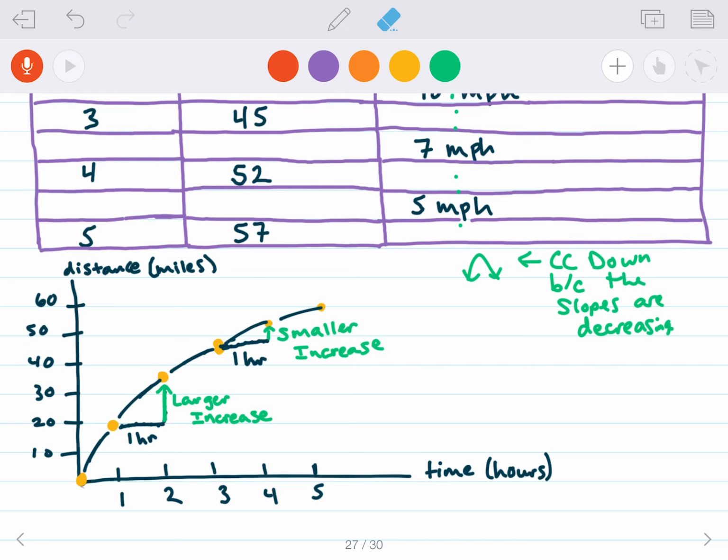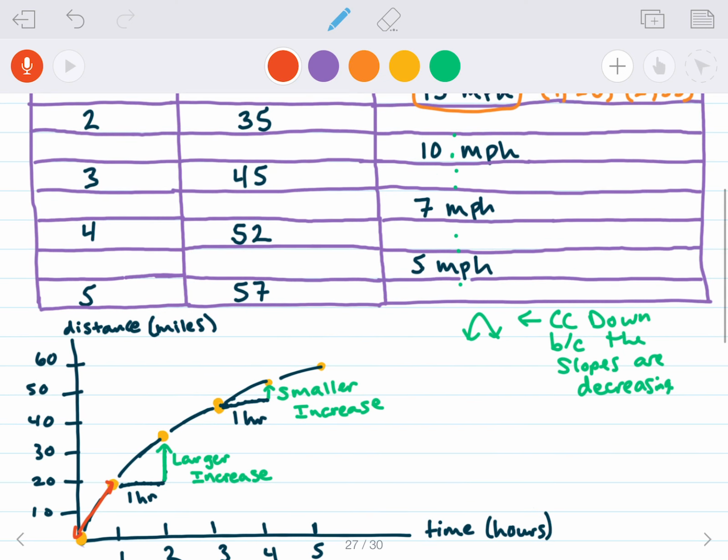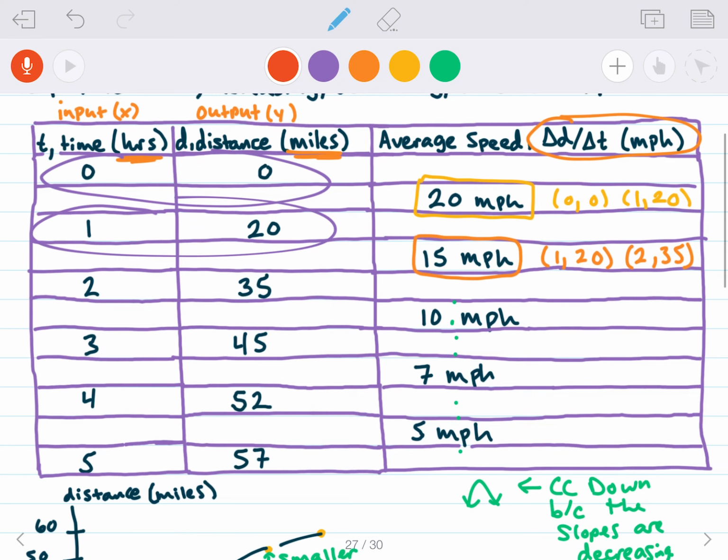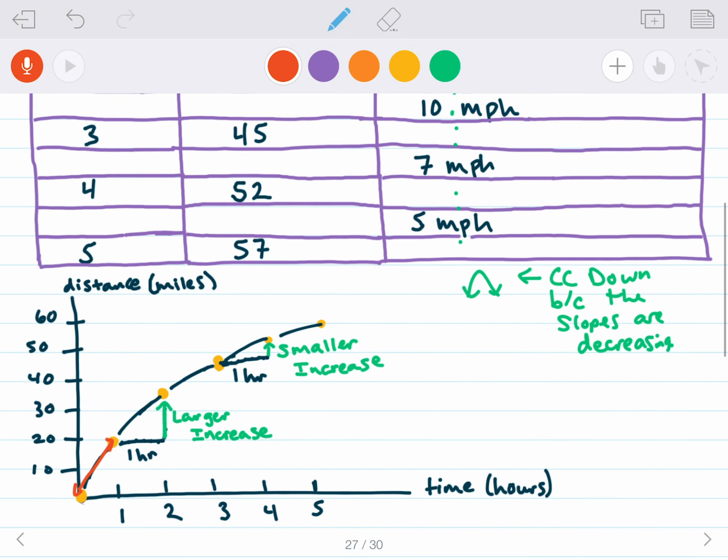So between 0 hours and 1 hour, it looks like the slope is fairly steep. It starts out pretty steep. So we're moving forward and we're going at a pretty high speed of 20 miles per hour. So our average speed between 0 hours and 1 hour is 20 miles per hour.